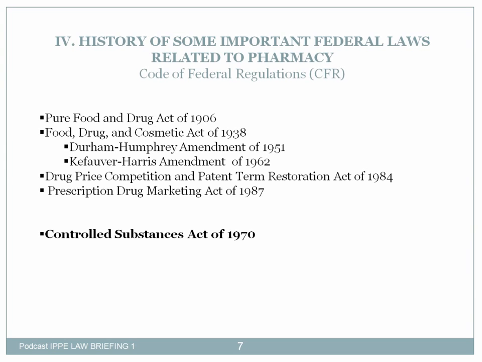A more recent important modification to the Food, Drug, and Cosmetic Act of 1938 was the Prescription Drug Marketing Act of 1987. That enactment by the United States Congress was intended to address problems of diversion of pharmaceuticals.